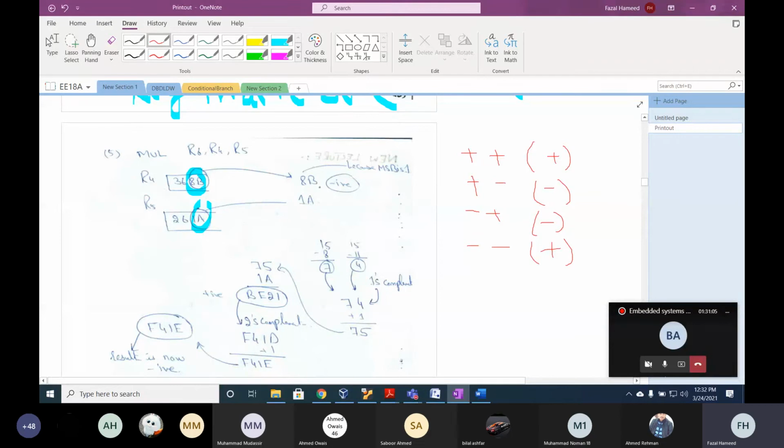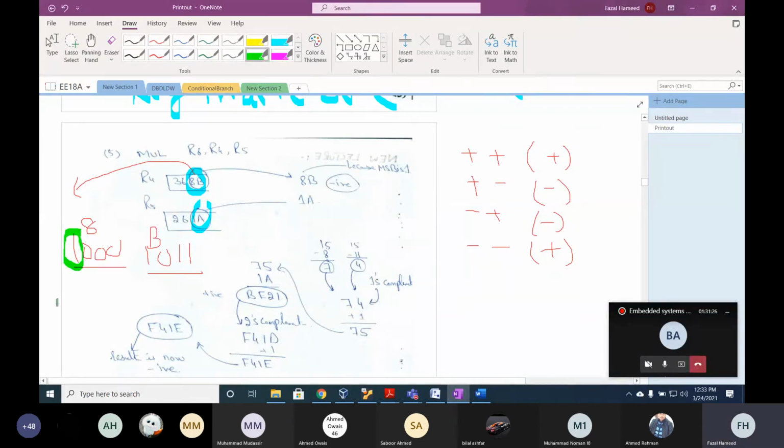Whenever you look at the least significant byte, 8B is a negative number. Why is 8B a negative number? In binary encoding, 1000 is the coding for 8, and for B the coding is 1011. So this number is negative.